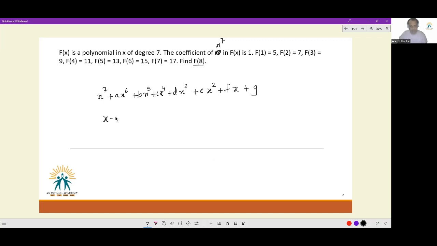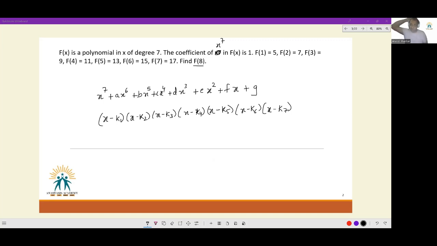We'll have x minus root 1, or let's call the roots a, x minus a1, x minus a2, x minus a3, x minus a4, x minus a5, x minus a6, and x minus a7. This is how a standard polynomial with 7 roots will look like.